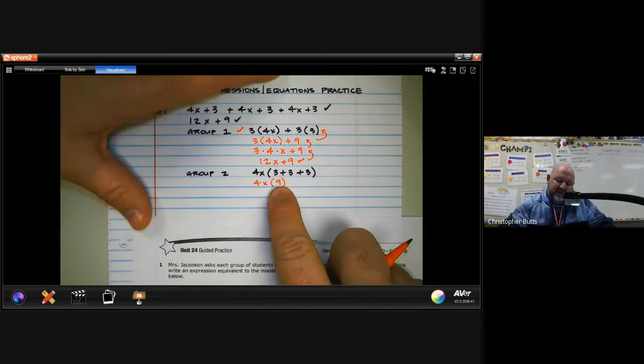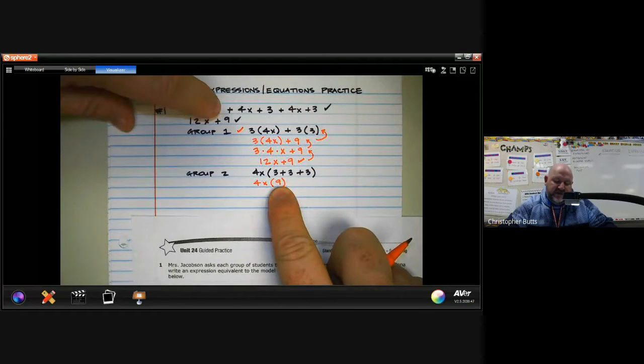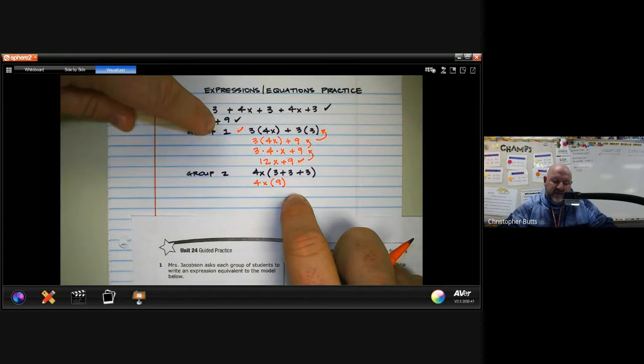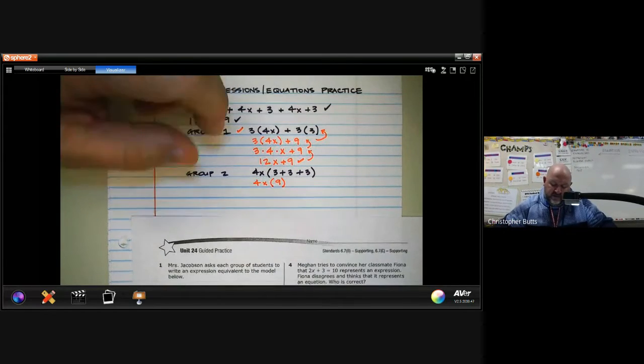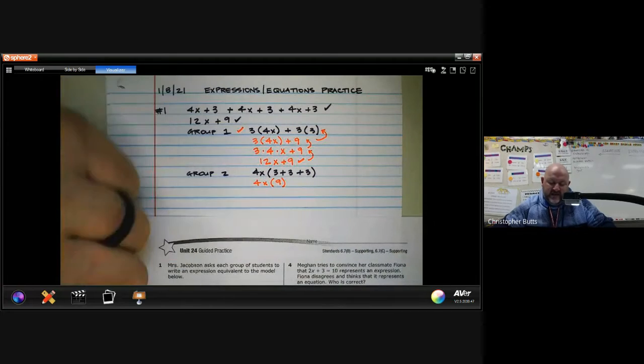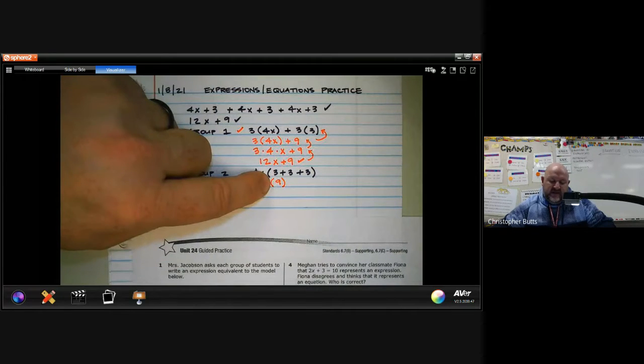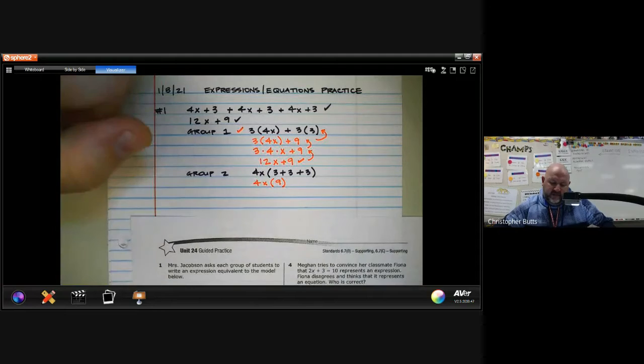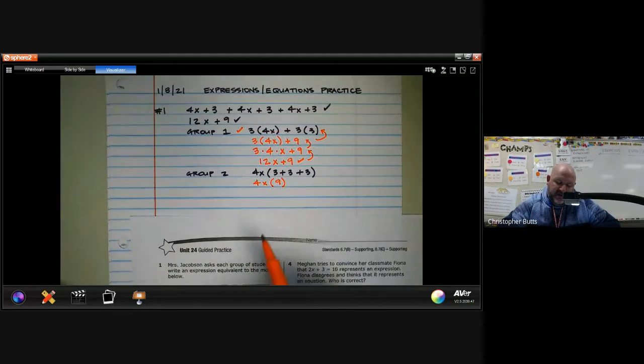We're multiplying by 9 here, but we're supposed to be adding 9, whether you're doing it like this, plus 9, or whether you're doing it in 3 separate pieces, plus 3, plus 3, plus 3. We should be looking for an expression that's adding 9, not an expression that's multiplying 9. And we only have 4x.